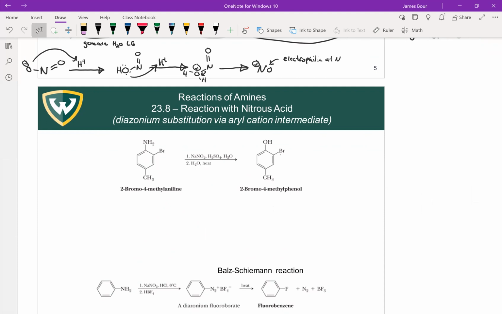And so these diazonium salts react with a variety of reagents, including water, to make useful compounds. So this reaction goes through something like this. And N2 is such a good leaving group that it can generate a carbocation on phenyl.